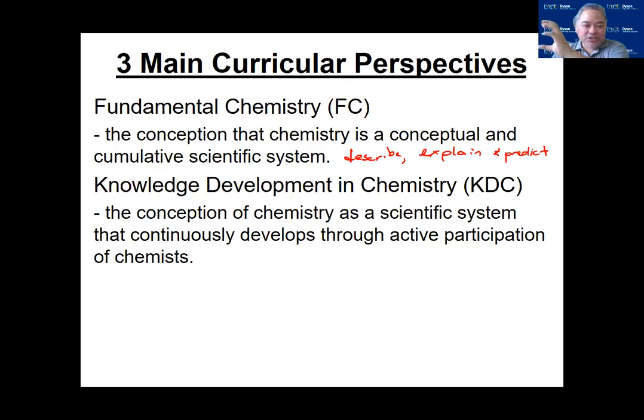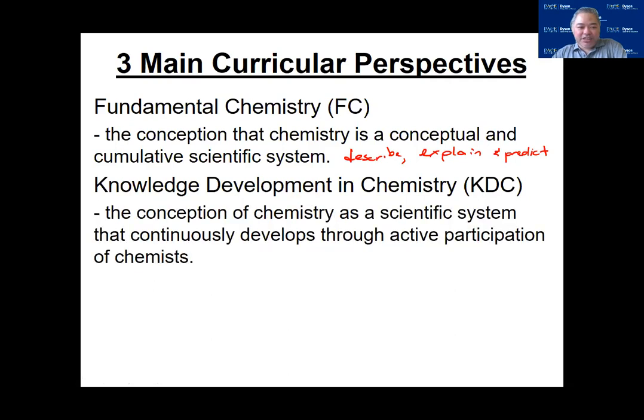The billiard ball that John Dalton first proposed is replaced by the plum pudding model. Then that plum pudding model was changed when Rutherford discovered that there's a nucleus. So from the plum pudding model, it became what we call the nuclear model. That's the knowledge development of chemistry in terms of the curricular perspective.